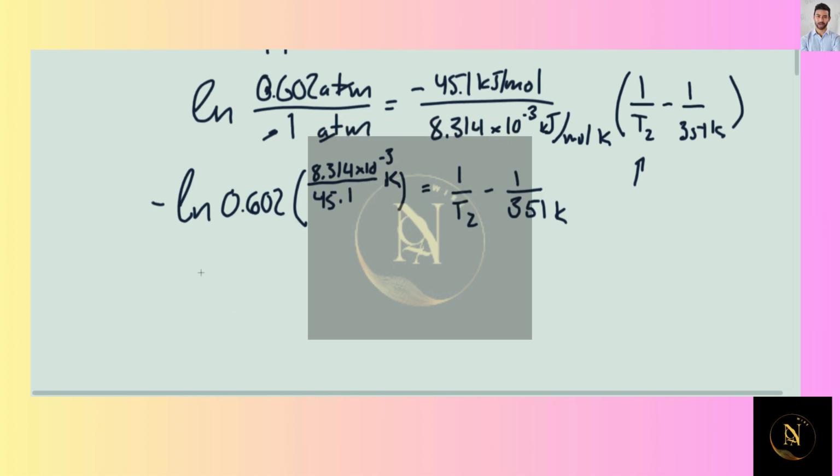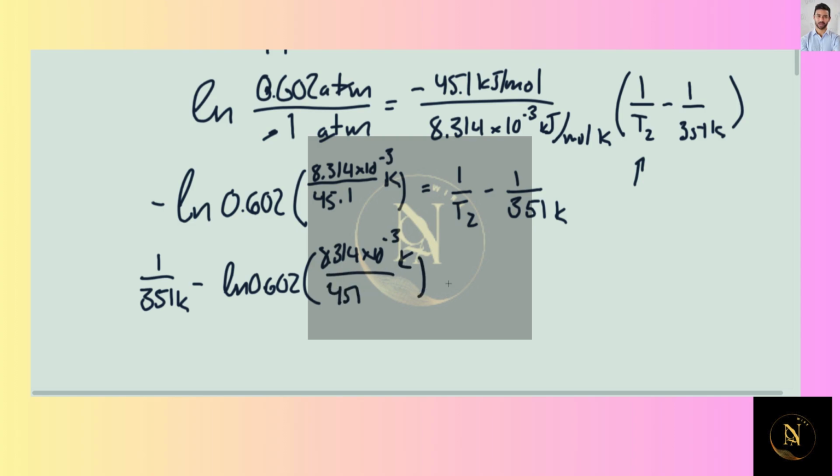So we're going to end up with 1 over 351 Kelvin minus the natural log of 0.602 times 8.314 times 10 to the negative third Kelvin over 45.1 equals 1 over T2.